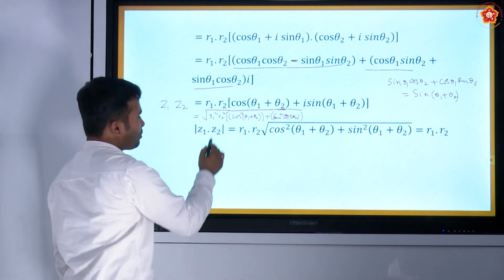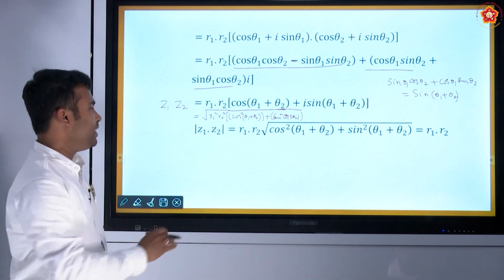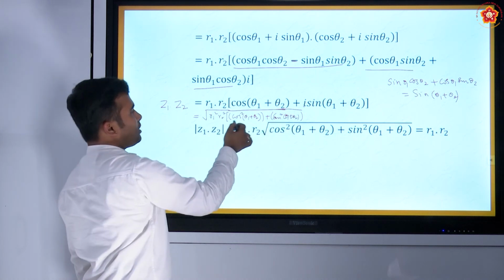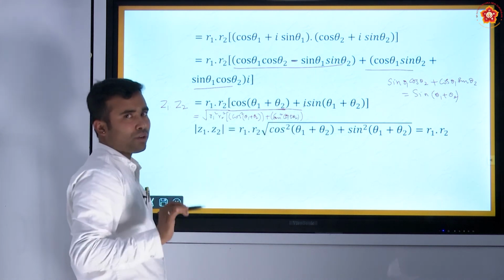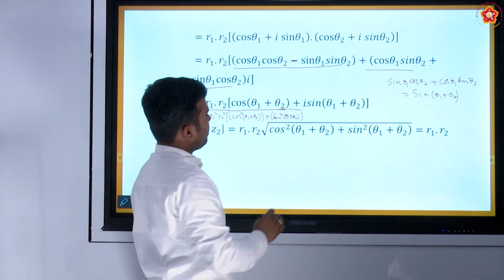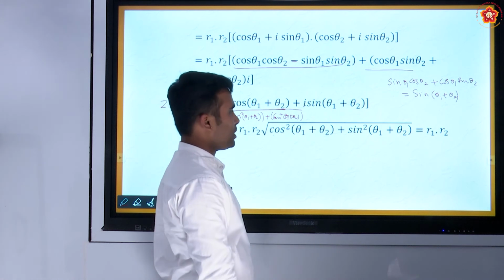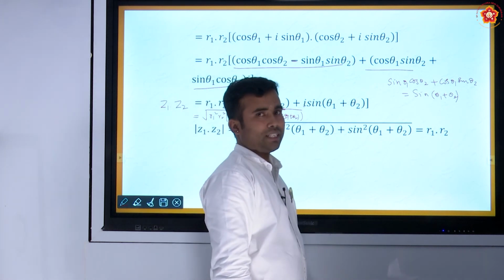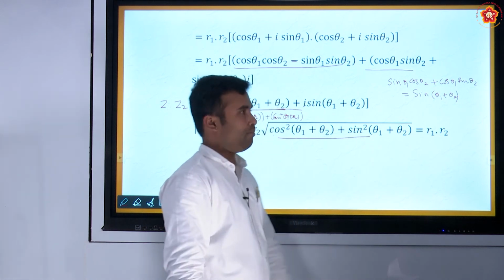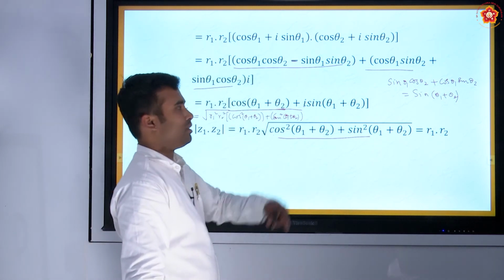If you take R1 square into R2 square out of the square root, you will get R1 into R2 only. Inside the square root we have cos square of theta 1 plus theta 2 plus sin square of theta 1 plus theta 2. So I can replace this with 1, and the square root of 1 is 1. So 1 into R1 into R2 is R1 into R2.